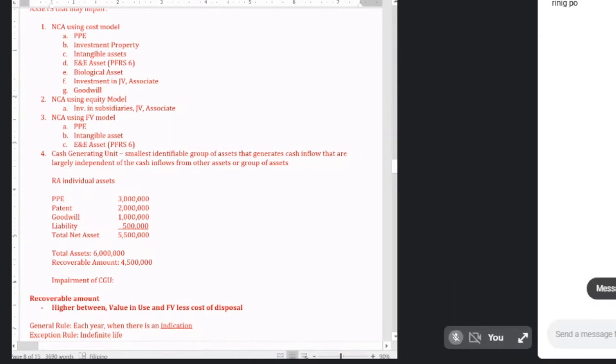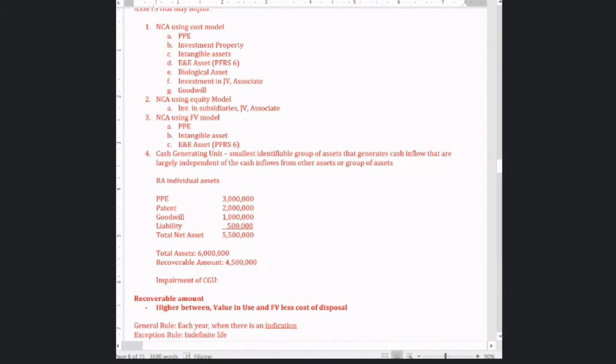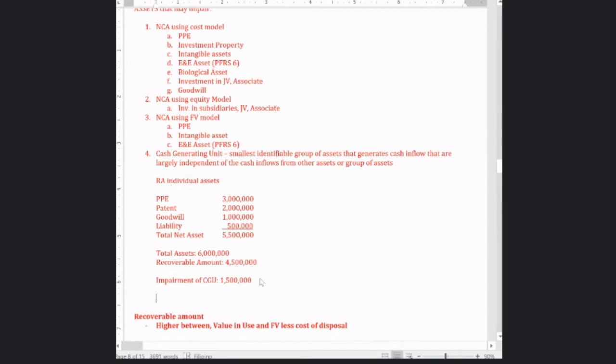Sige, tuloy natin. So, impairment of CGU. So, difference, 1,500,000. So, ang gagawin natin, ang rule is, kapag ang CGU mo is merong goodwill, apply first the impairment to goodwill. So, apply first the impairment to goodwill. So, ibig sabihin, yung goodwill mo, ang amount is 1 million. So, apply mo first yung 1.5 million na impairment sa goodwill mo. So, 1 million.